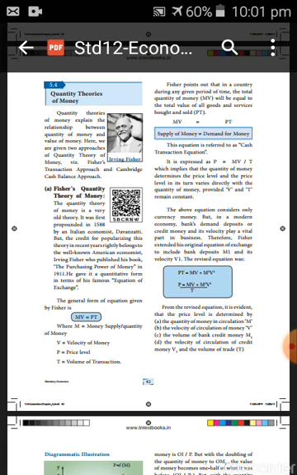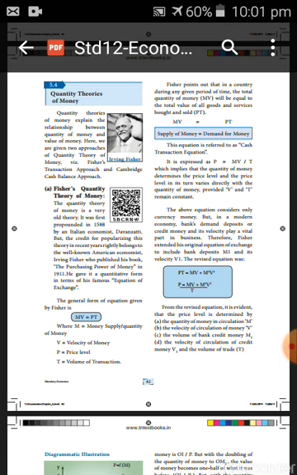He gave it as the equation of exchange. The equation of exchange was given by Irving Fisher. The formula is MV = PT. The general form of the equation given by Fisher is MV = PT.